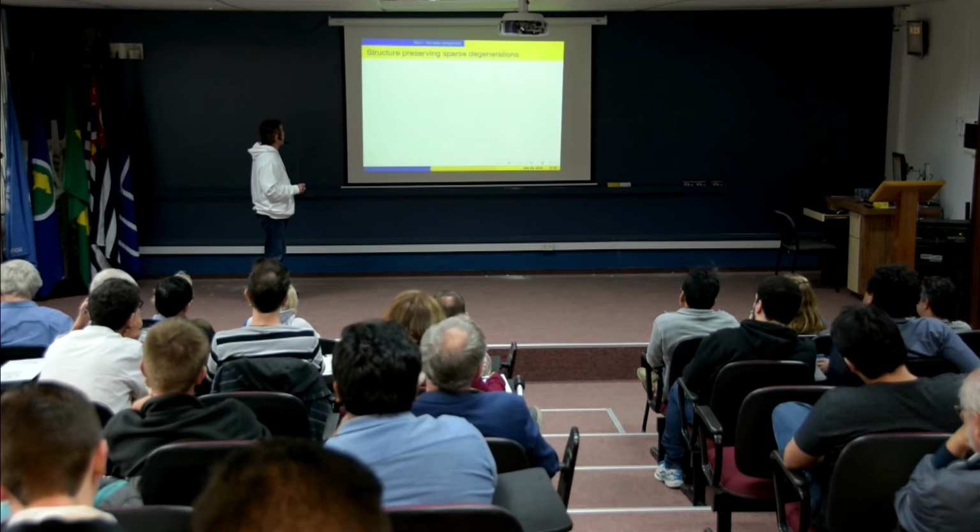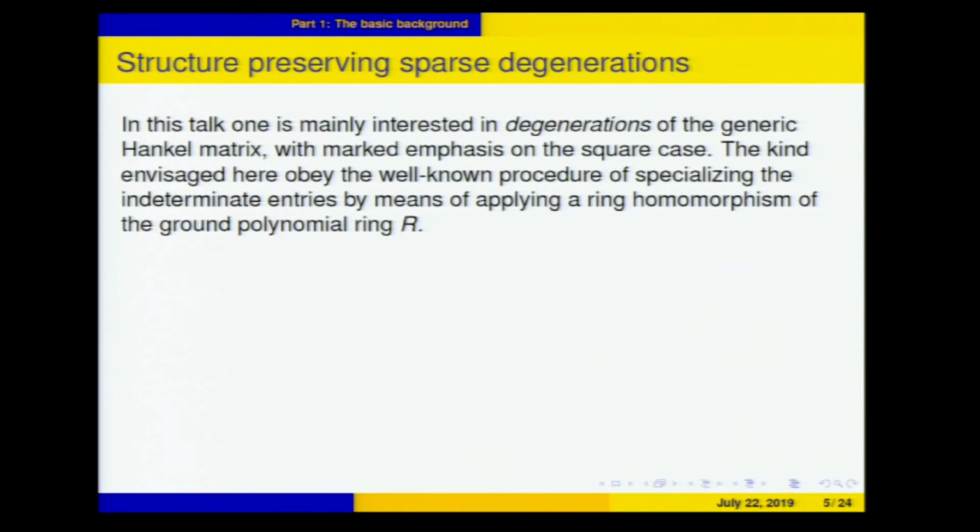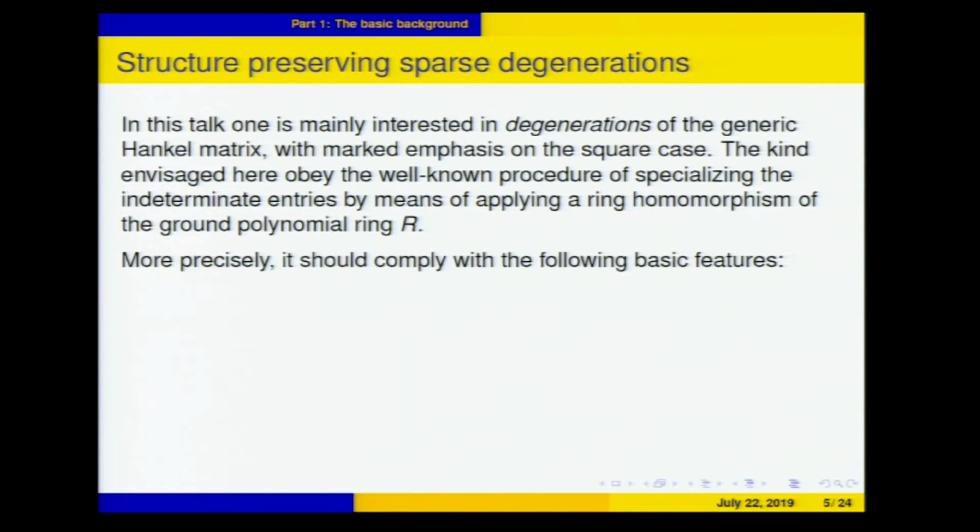So let me explain what kind of degenerations we have in mind. The degenerations we have in mind are the ones that result from applying a ring homomorphism to the original entries on the base ring.